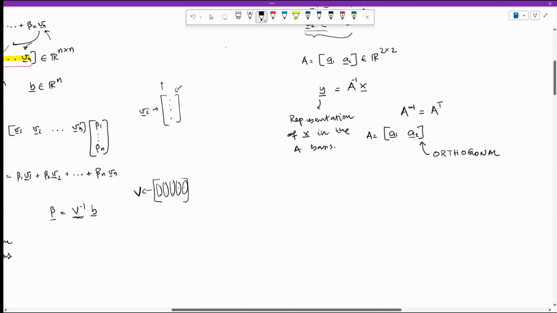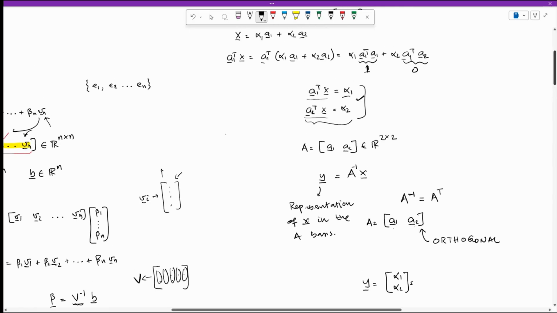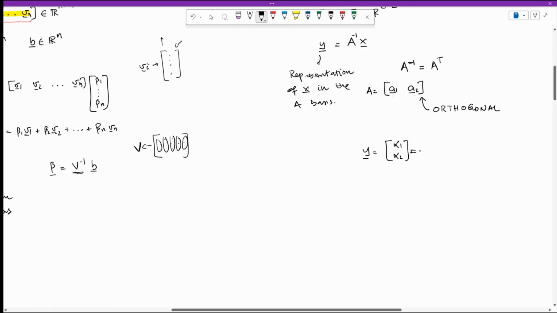Now let's see. We are saying Y, which is given by alpha 1, alpha 2, is given by A inverse X. But A is an orthogonal matrix. That means A inverse is simply A transpose. If A is this, what will A transpose be? Well, how do you do the block transpose operation?